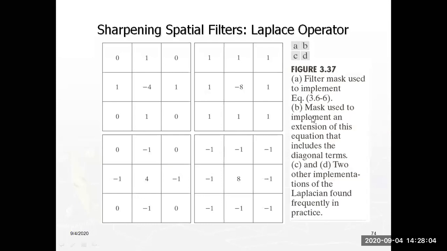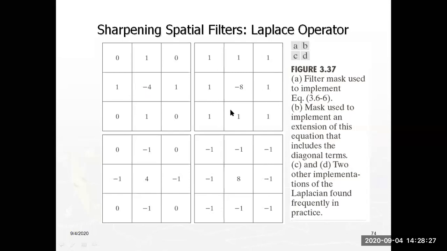Now the second mask is used to implement an extension of this equation that includes the diagonal terms also. If you extend this, the zeros are also equal to 1, and the center minus 4 is replaced with minus 8, with the remaining values 1.